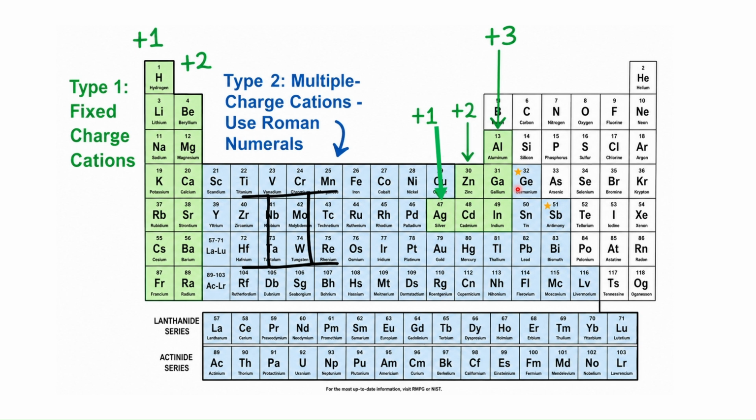The only exceptions are the ones shown here in green. Those are considered type 1. So in summary, if it falls under the blue area, it's going to be considered a type 2 cation. And remember, a type 2 cation is going to compose a type 2 compound.